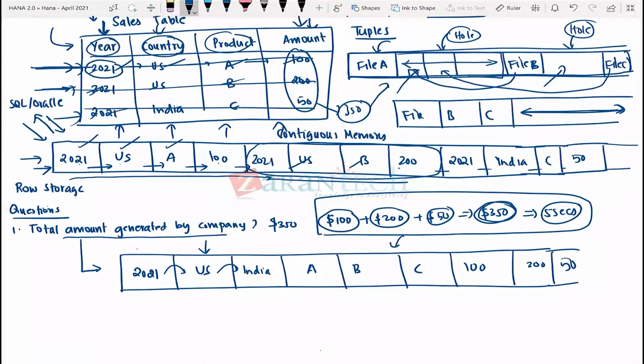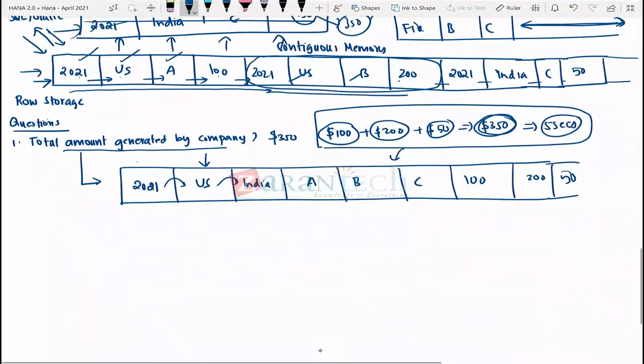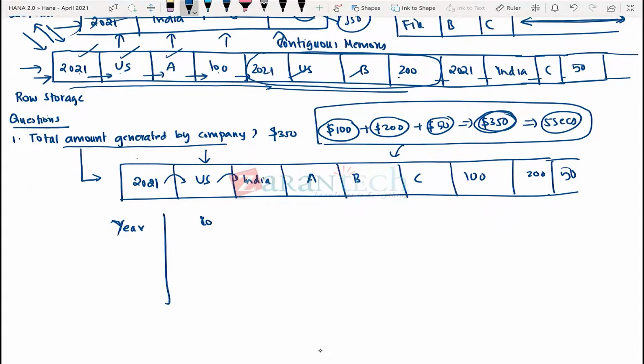Because the data is now stored like this: there is a year, there is a country, there is a product, and there is an amount. For year, it will store only one value because there is no repetition, there are no new unique values.